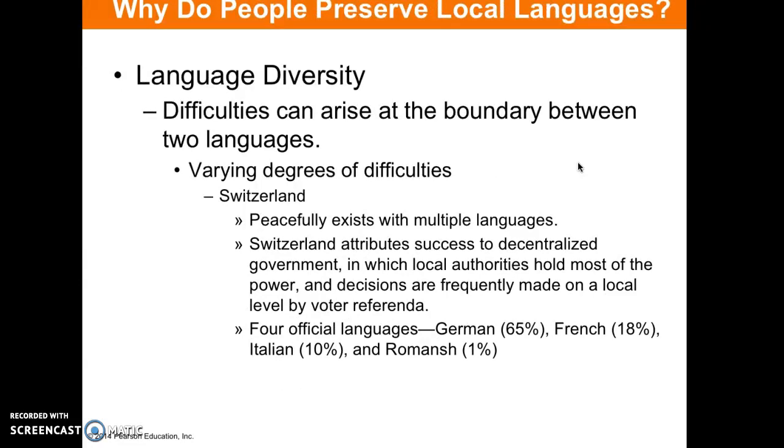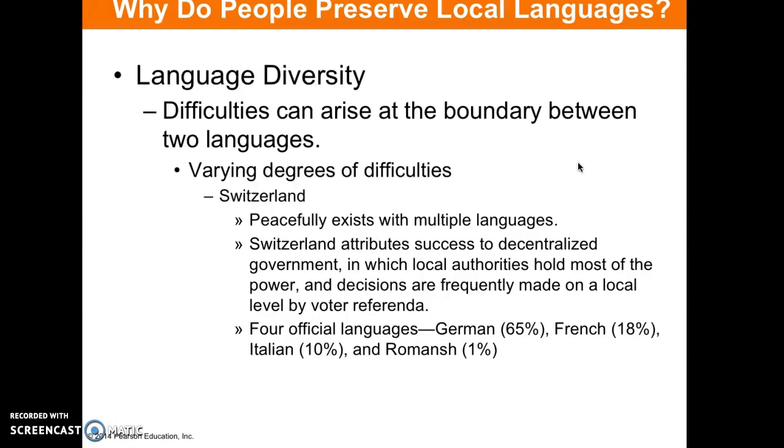There's difficulties that arise at the boundaries between two languages. And so places like Switzerland have multiple languages within the same country. So they have four official languages within Switzerland: German, French, Italian, and Romansh, which is the language of Switzerland. And they all get along just fine. Decisions are made on a local level by a voter referendum.